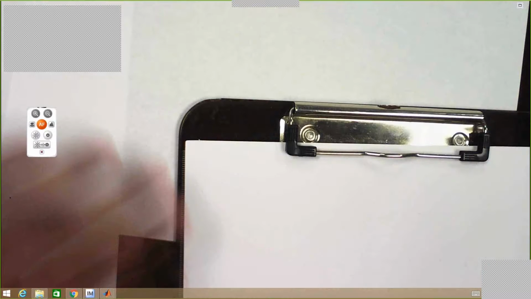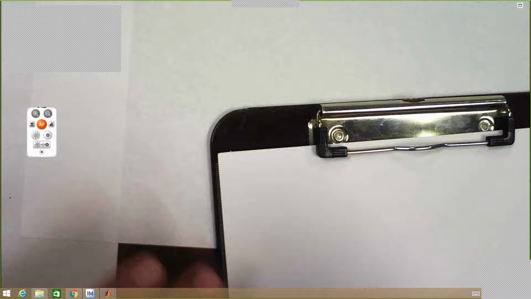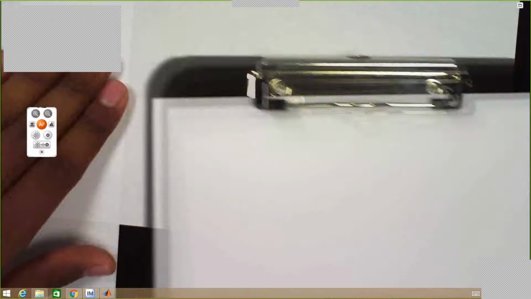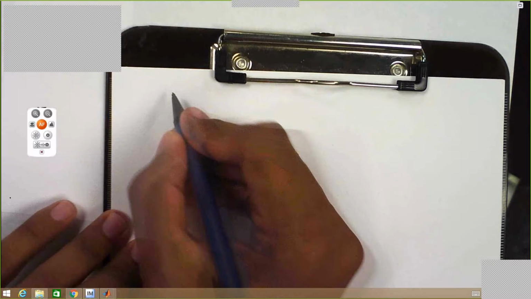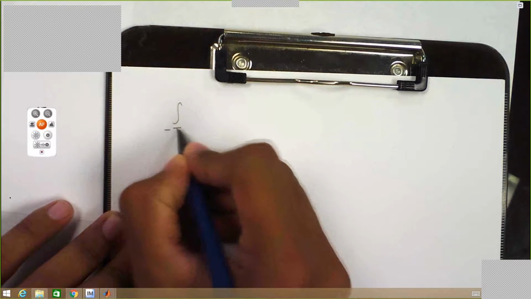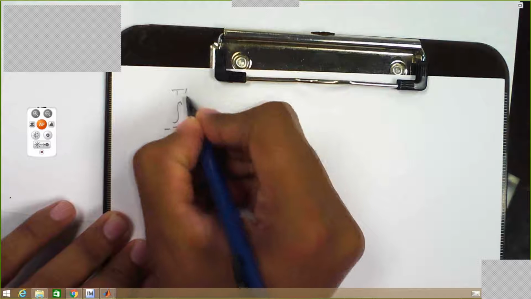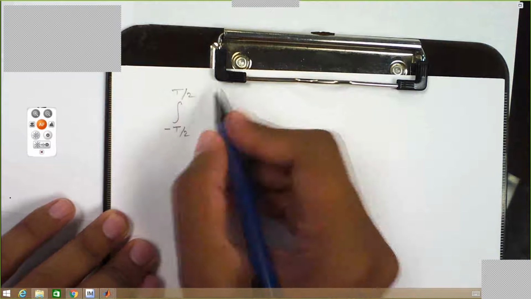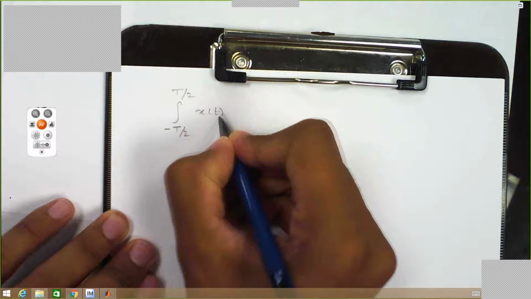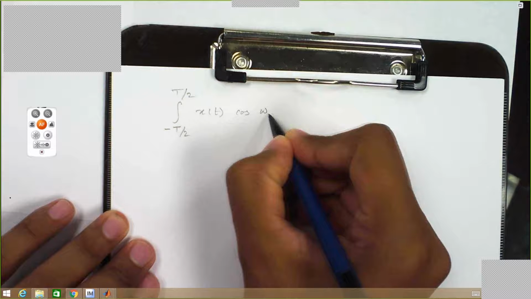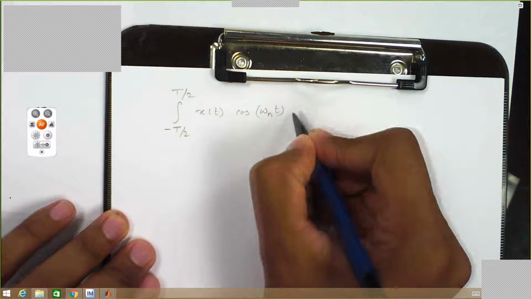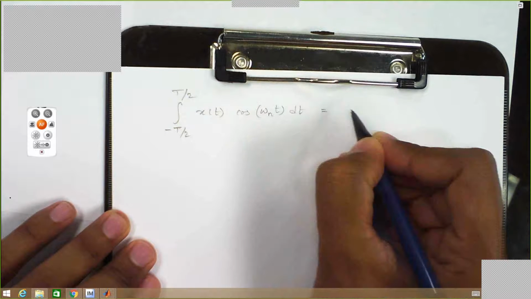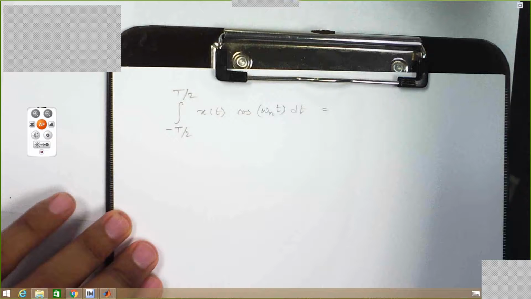So that gives us integral minus T by 2 to T by 2 x of t into cos of omega nt dt is equal to, so what do we get?